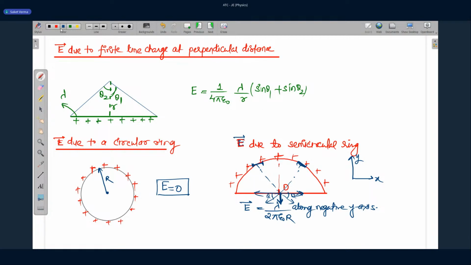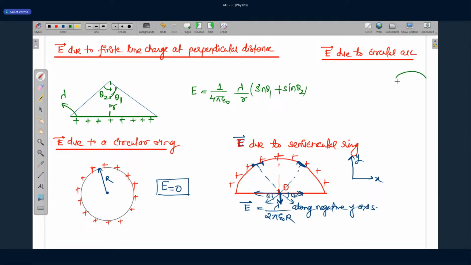Similarly, you can calculate the electric field due to the circular arc. Let us write here, electric field due to the circular arc. Let's draw the diagram in this form.